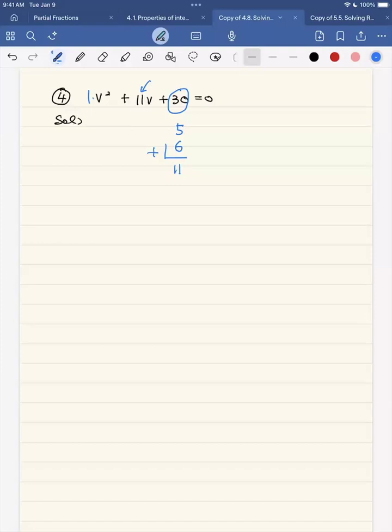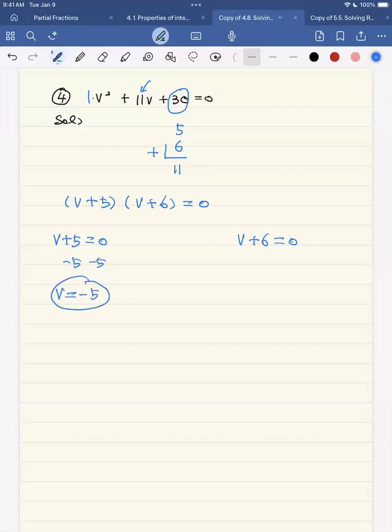So we decompose the algebraic expression into V plus 5 times V plus 6 equals 0. So we have V plus 5 equals 0 or V plus 6 equals 0. We subtract 5 on both sides, then we get V equals minus 5. If we subtract 6 on both sides, then we have V equals minus 6.